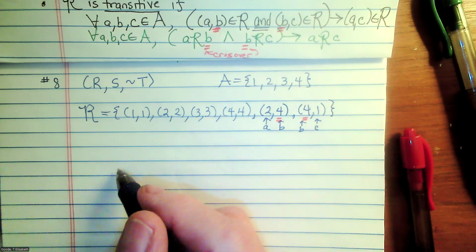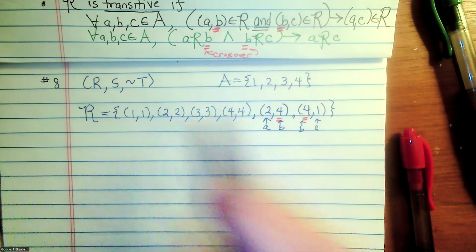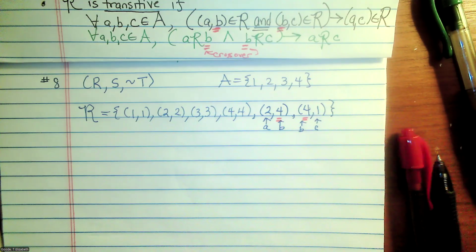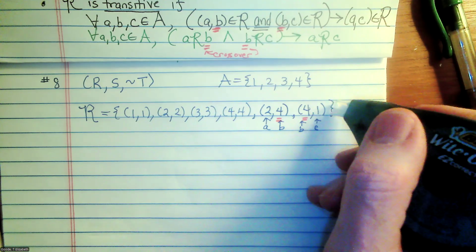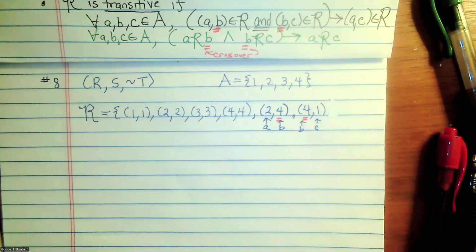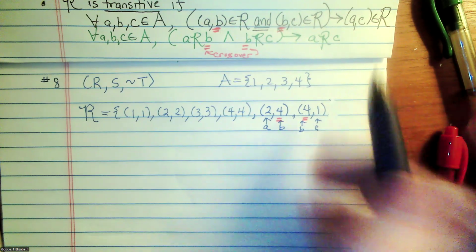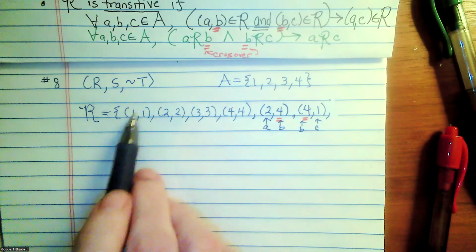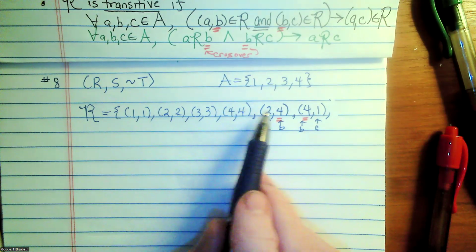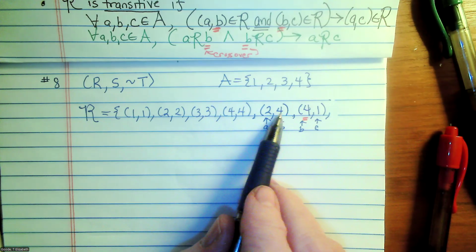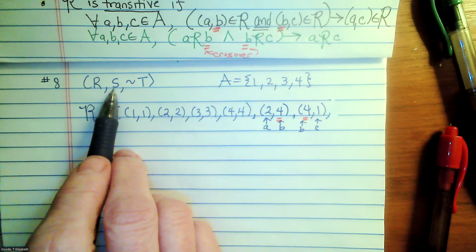But hang on. Now we've added these ordered pairs, 2, 4, and 4, 1. And they have made symmetry go bad, haven't they? So now we need to add some more elements because we want this to be symmetric. It was symmetric before we added ordered pairs where the coordinates were different. But now that we have the coordinates different, we're going to need to add some more ordered pairs to get the symmetry to come back up.